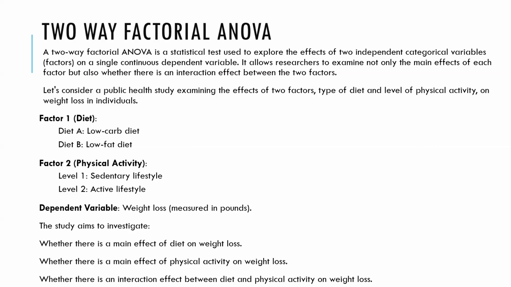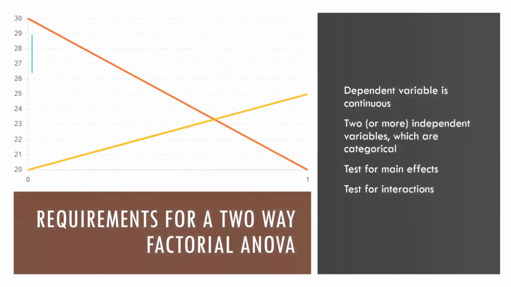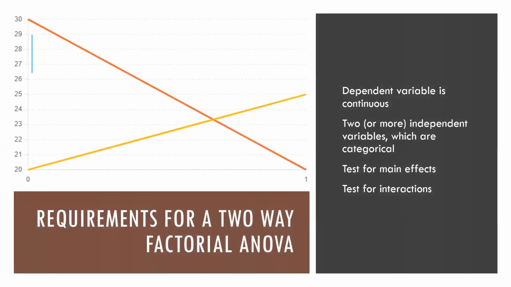And the independent variable can either be continuous or categorical. What are you trying to achieve with a two-way ANOVA? You're looking for what they call main effects and interactions. So up until this time, what we've been looking at are main effects. Was there an effect? Was there a difference? Or was there a relationship?